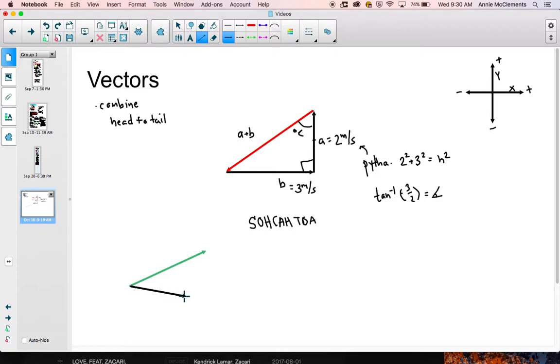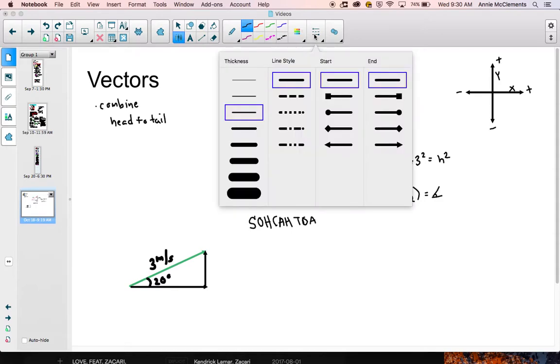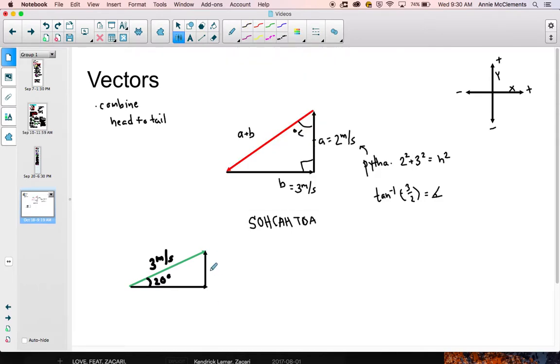You can go ahead and draw a triangle here for these two things. If you're given the magnitude of this vector, say this is an object that's traveling in this upward direction, 20 degrees to the horizontal, and it's traveling at 3 meters per second, you can solve for the y component of this motion and the x component using SOHCAHTOA.